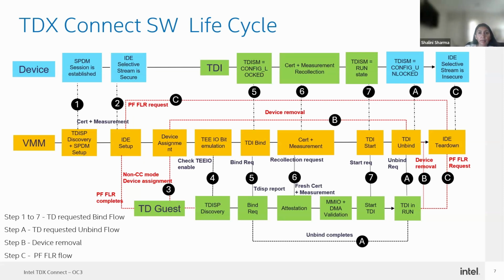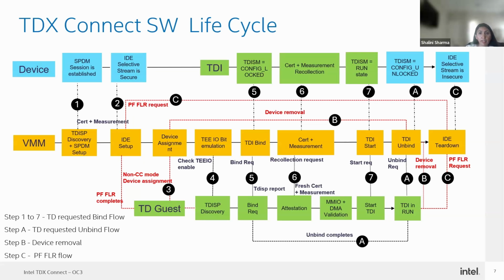And also it unmaps the private DMA and MMIO that mapped the device to the private memory of the guest. After this process is complete, the device is unbound from the guest and is ready for rebind, which is shown in step A here.